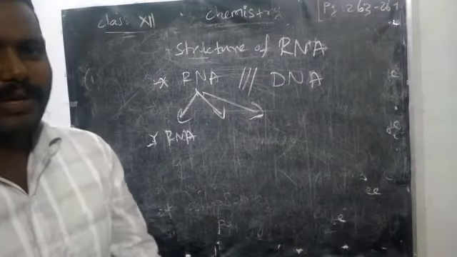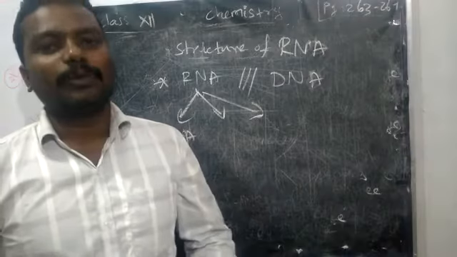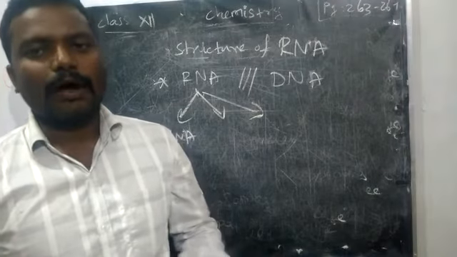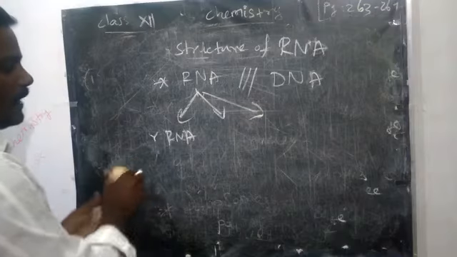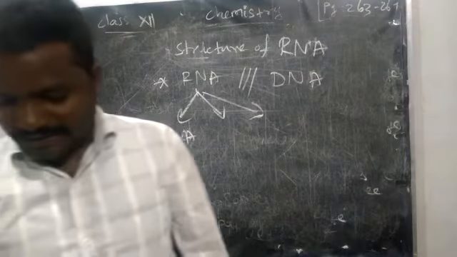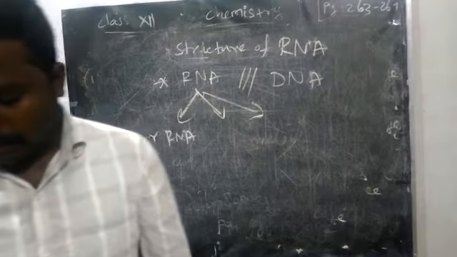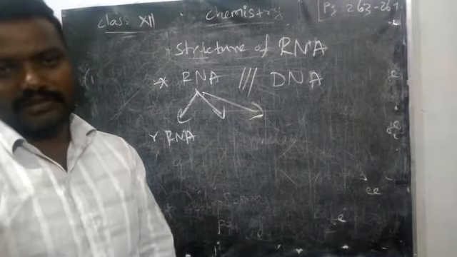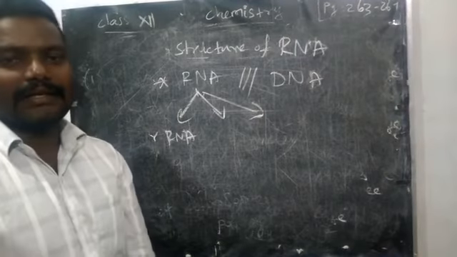What do you mean by ribosomal RNA? We have seen that cytoplasm. In that cytoplasm, the ribosome has that RNA, right? See, the ribosomal RNA has the character of protein synthesis, which is used for protein synthesis in the ribosome.